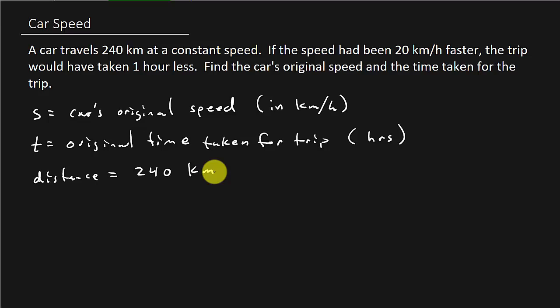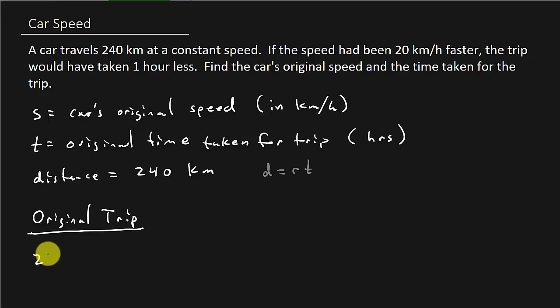All right, so let's set up some equations here. So we got the original trip. We know that distance is equal to rate times time. So that's going to give us 240 is equal to S times T, right?